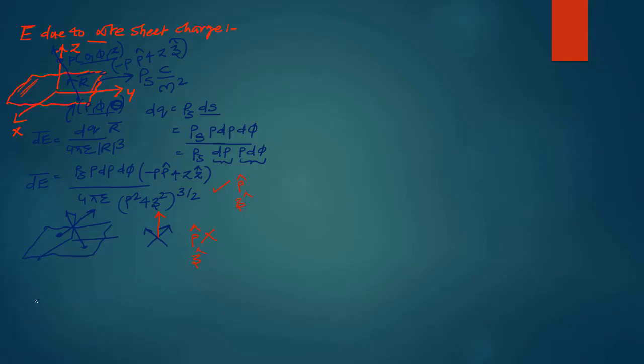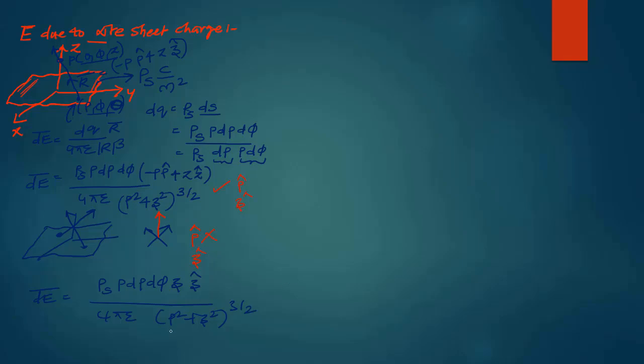So I can take dE bar is equal to rho s rho d rho d phi. I am eliminating the rho component, writing only the z component, by 4 pi epsilon (rho square plus z square) whole power 3 by 2.